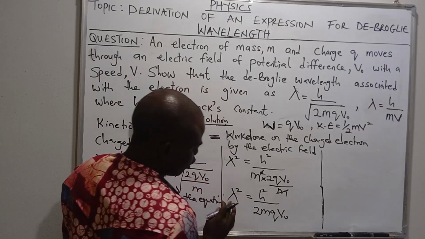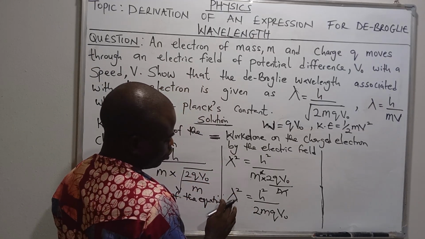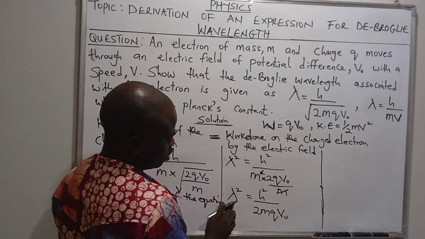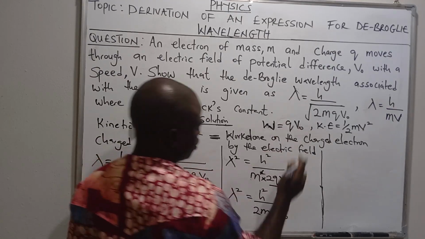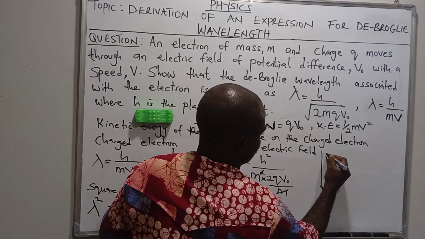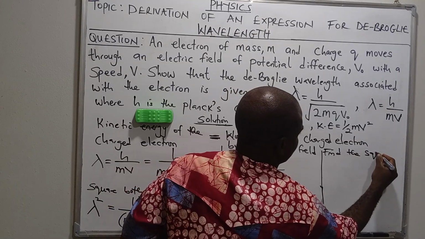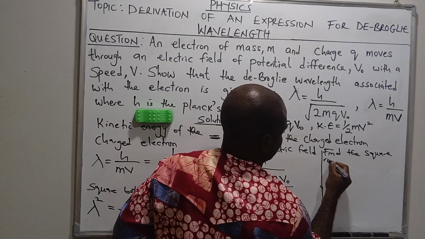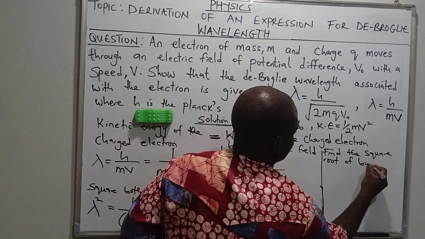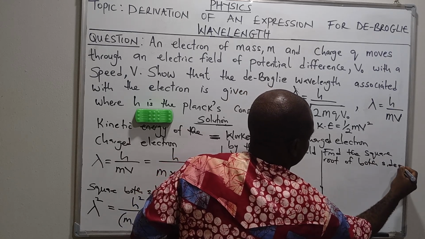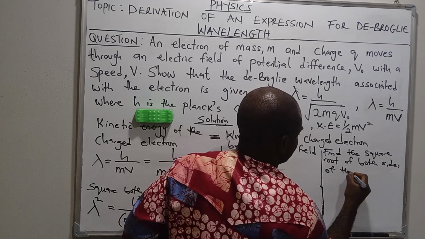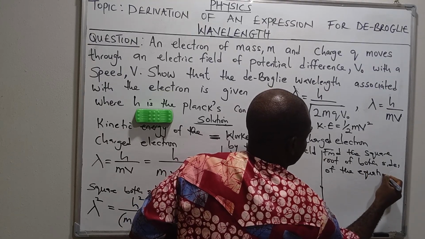Why do that? You now find the square roots of both sides, so that we are looking for wavelength, not wavelength squared. Find the square roots of both sides of the equation.